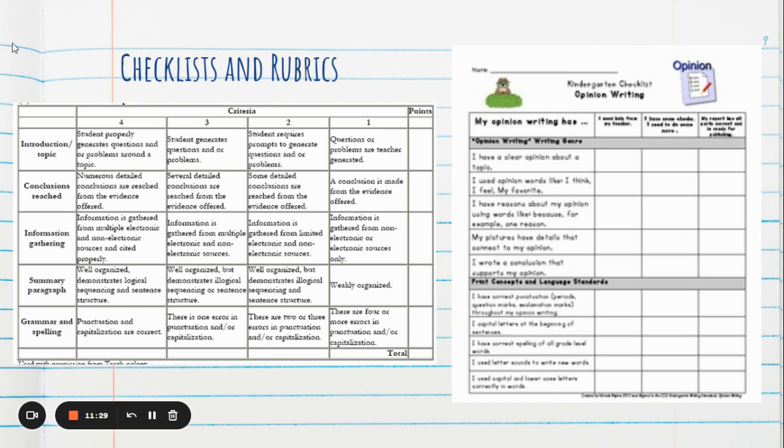So again, checklists and rubrics can be really well done if you take the time and teach your students how to use them and explain what you expect a 4 to look like or what mastery on a checklist looks like.